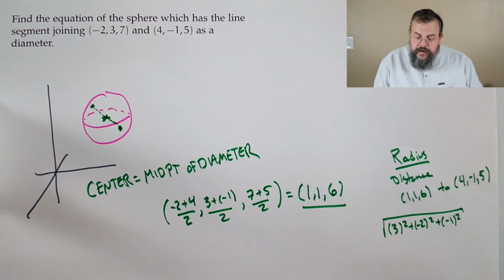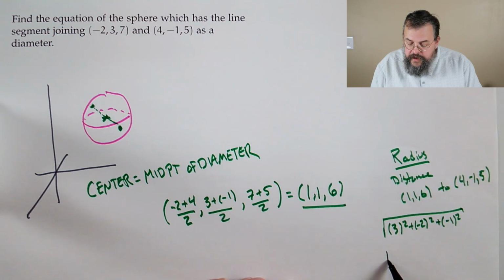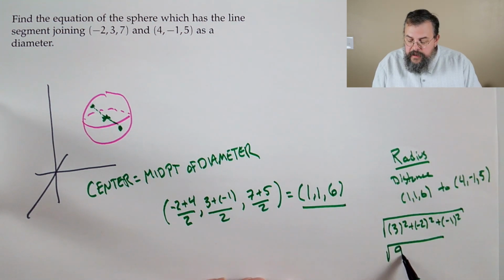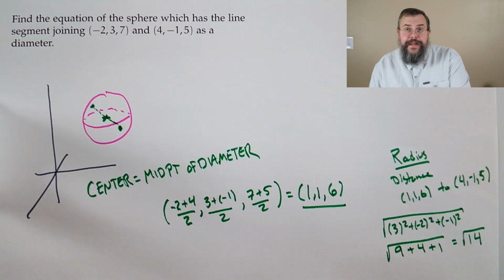All right, good. So 3 squared, -2 squared, -1 squared. Or if you like, that's the square root of 9 plus 4 plus 1. So the square root of 14.